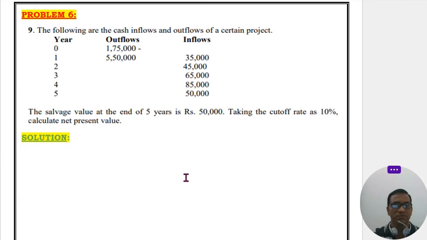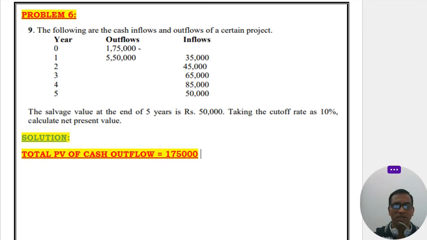So total PV of cash outflow is equal to 175,000 plus 550,000 multiplied with, this has to be multiplied because this is year 1. 0 year means current year, but year 1 is also a future value.